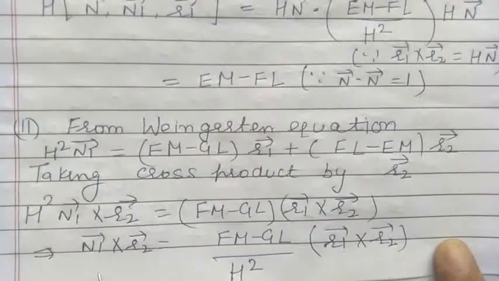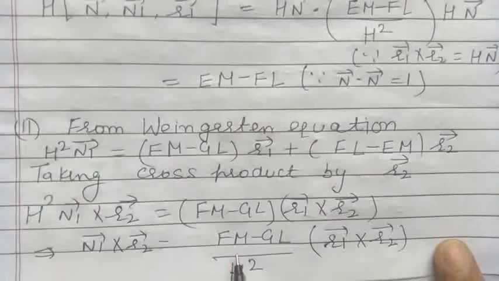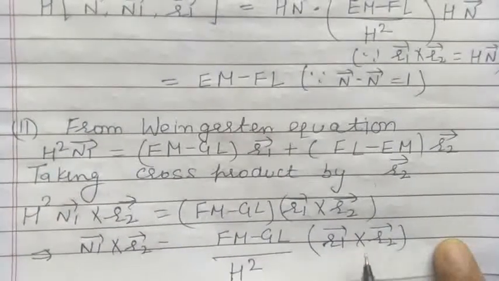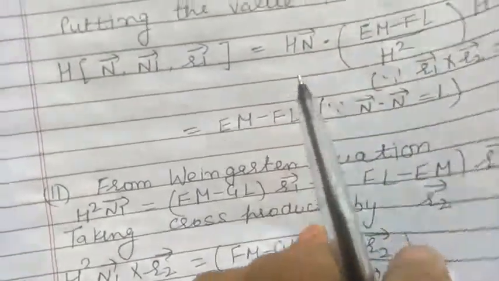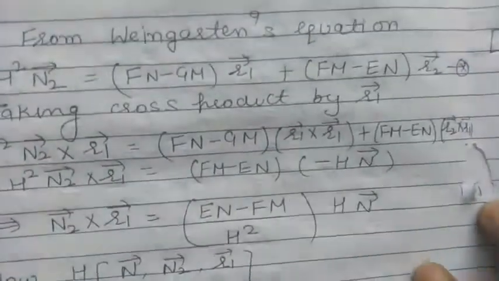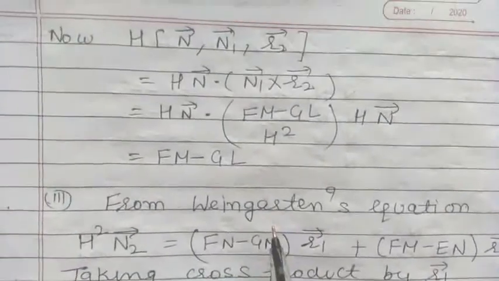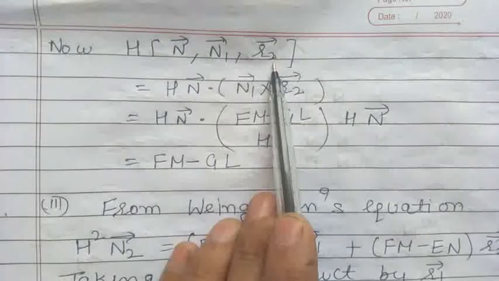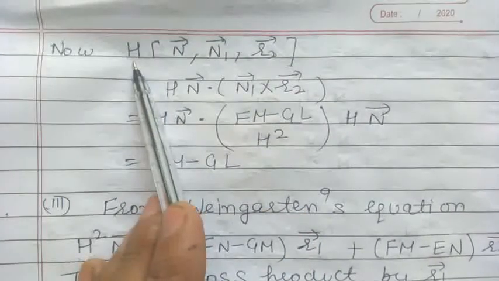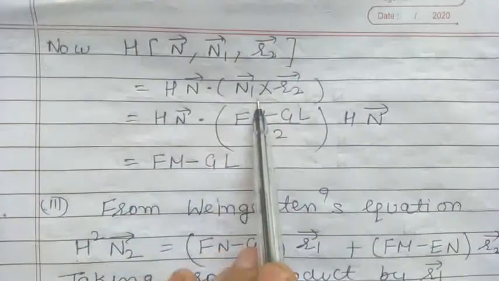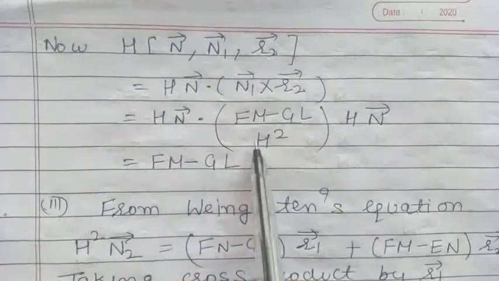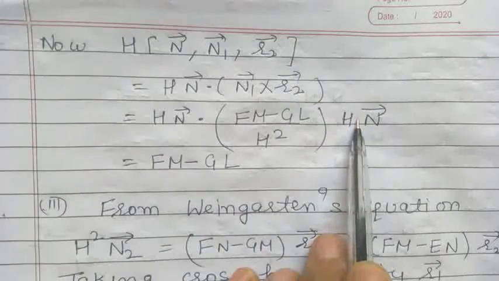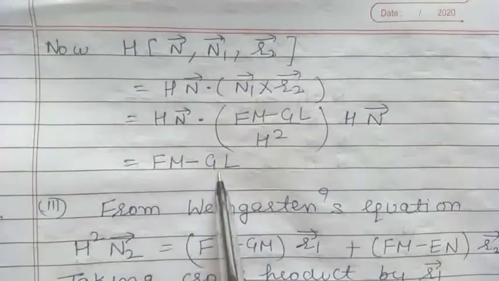So we have obtained n1 cross r2, which is fm minus gl divided by h square into r1 cross r2. Now we are to find the scalar triple product of vector n, n1 and vector r2 with the product with h. Putting the value here, h square is cancelled with h square, and n dot n is again 1, so we get the value fm minus gl.